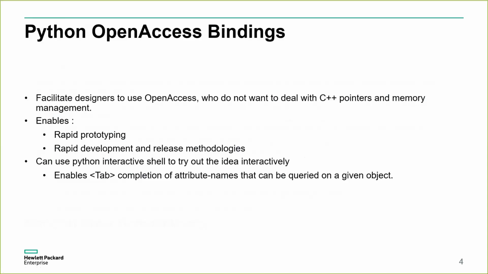You might think, is it a different kind of API that is exposed? Well, the answer is no, because the access to open access data is only through the C++ API. The Python interface to these C++ APIs is handled using Swig. So you're essentially utilizing the same APIs, but using a higher level language like Python. You can also use Perl, Tcl, and Ruby as well, but we stuck with Python.